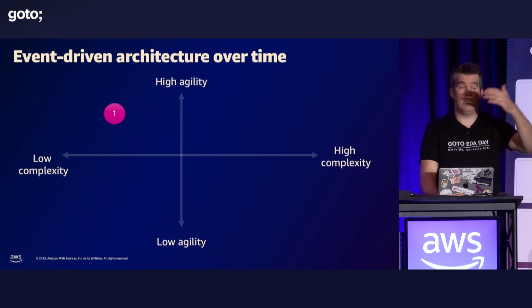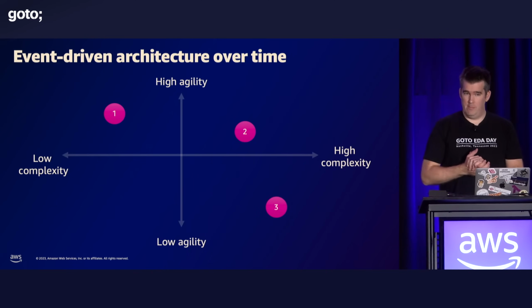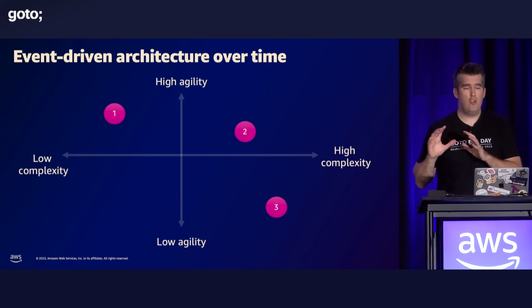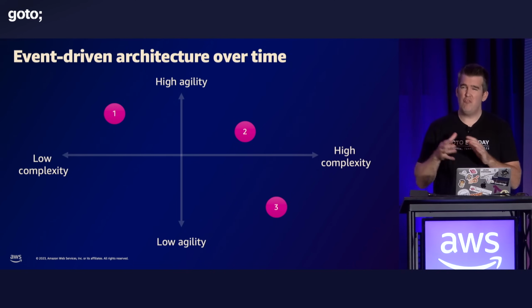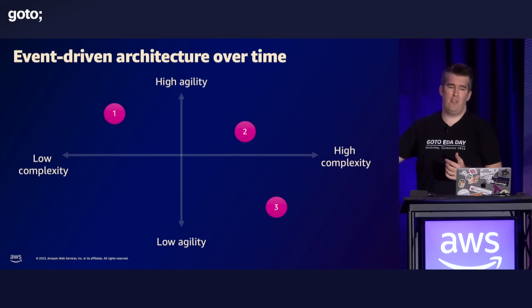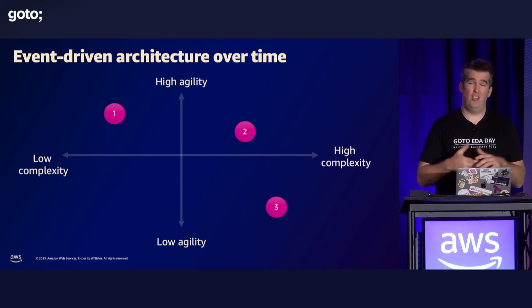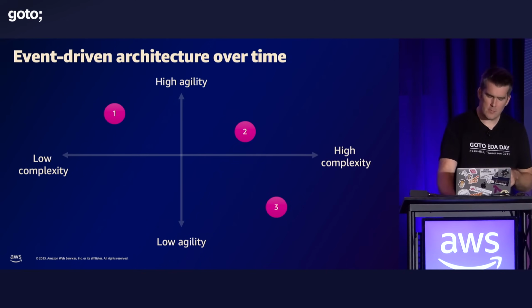This is why I'm so excited by this. But what tends to happen over time is high complexity. We move into high complexity and this agility slows down. And if you're really unlucky, you end up in number 3, which is low agility and high complexity. And then you question why maybe we're doing this in the first place.